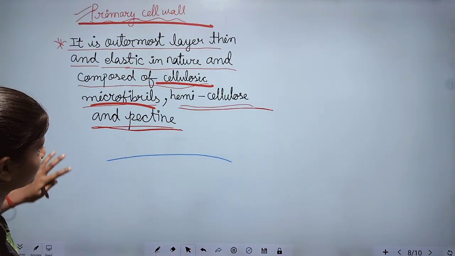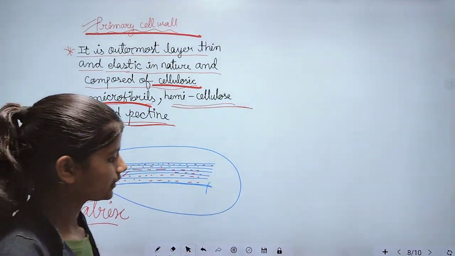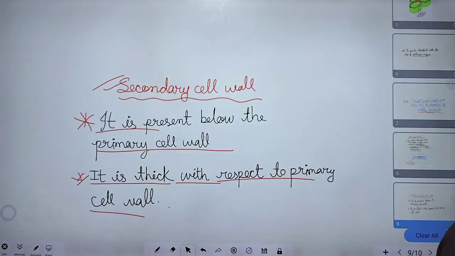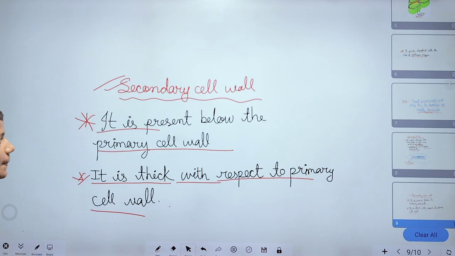This one is a figure of the primary cell wall. Okay, now we will discuss what is secondary cell wall.